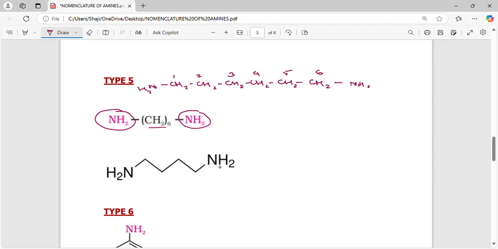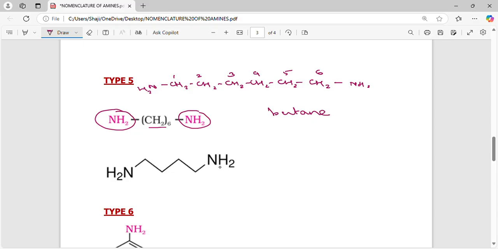The root word is but. Okay, and all single bonds only, so an, butane. And I told you before, if NH2 is there, the last letter e will be replaced by amine. But if multiple amino groups are there, the special rule is that we should mention that letter as well.